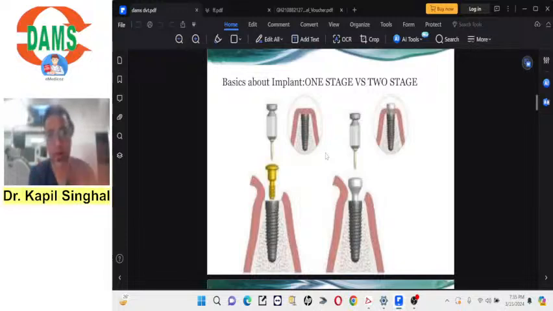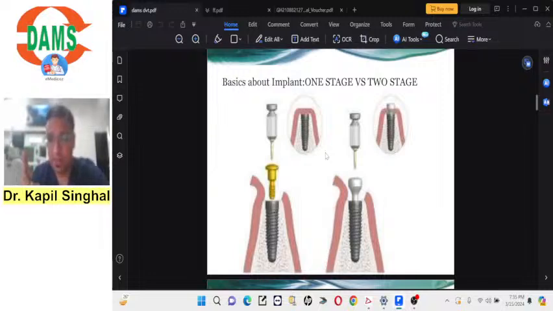I will not do a second surgery. It means as soon as I place the implant, I will place a healing cap or a gingival former over it, not a cover screw, so that after 3 months I can just open that healing cap or gingival former and directly make an impression.